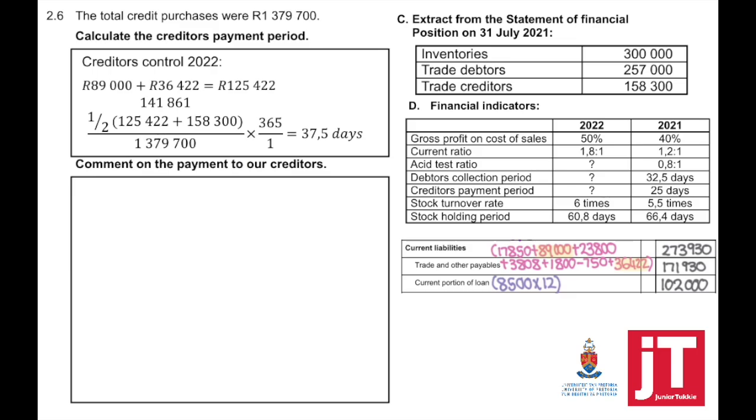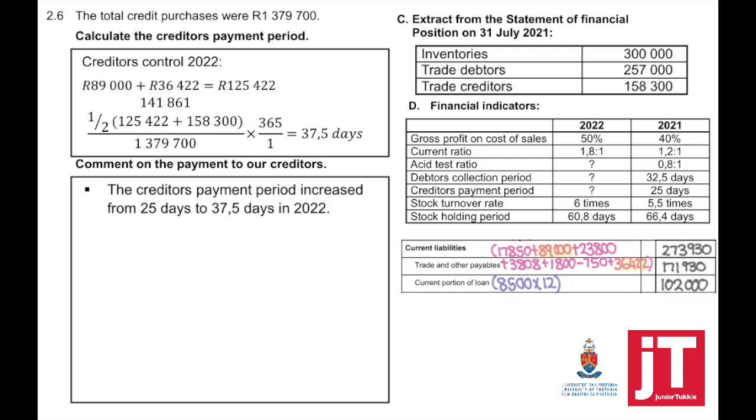That is how long it's taking us to pay our creditors. To comment on this, we need to compare it to last year. Last year we paid our creditors in 25 days. Now it increased from 25 to 37.5 days.